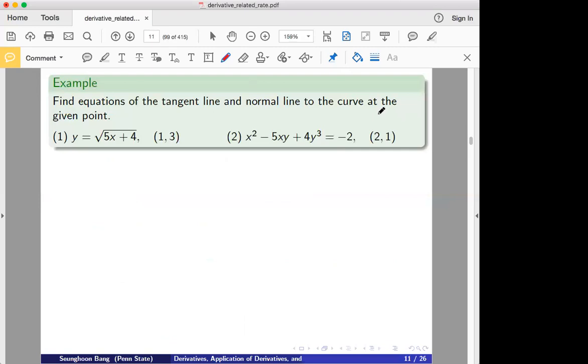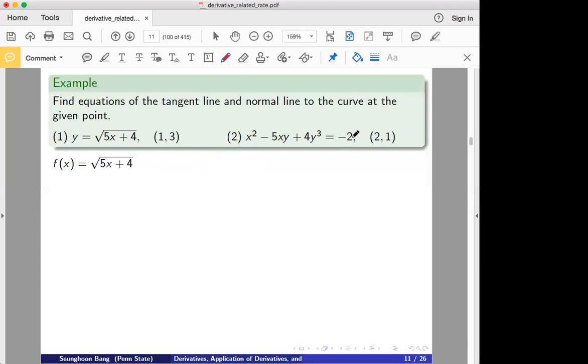Find equations of the tangent line and the normal line to the curve at the given point: y equals the square root of 5x plus 4 at (1, 3). So what's the first one? f of x equals the square root of 5x plus 4. You can take a derivative.